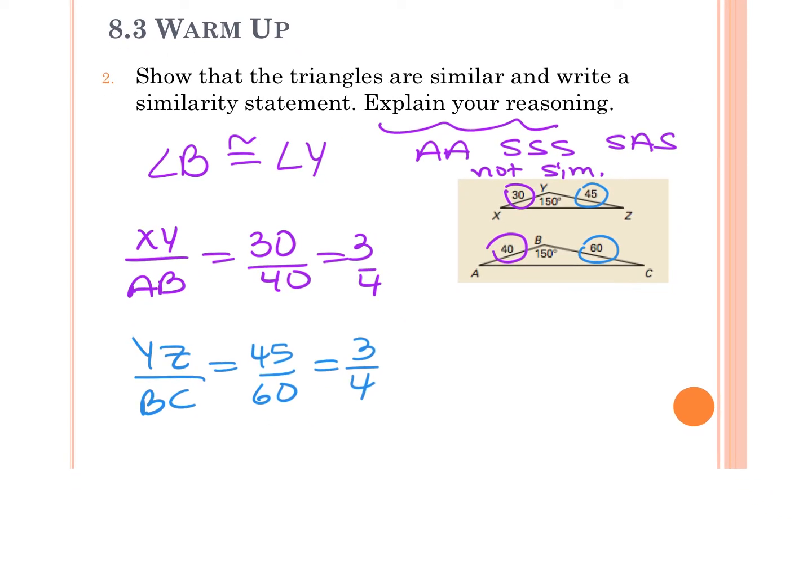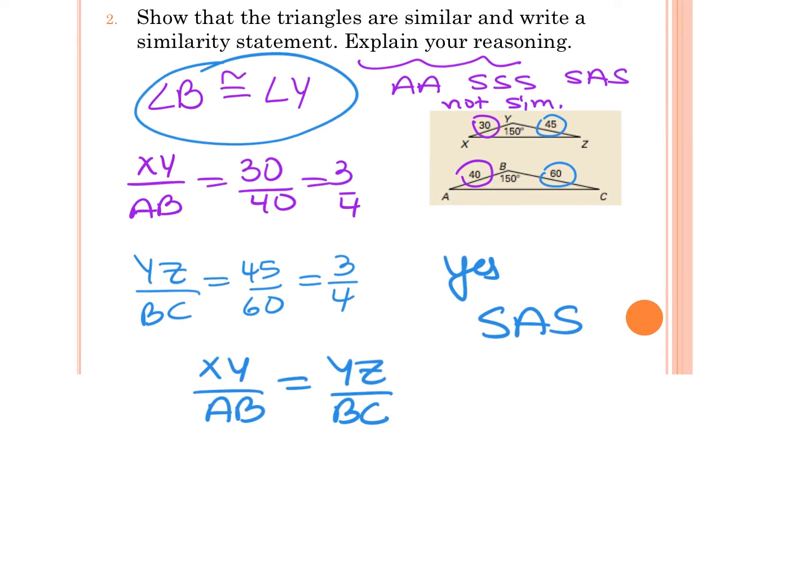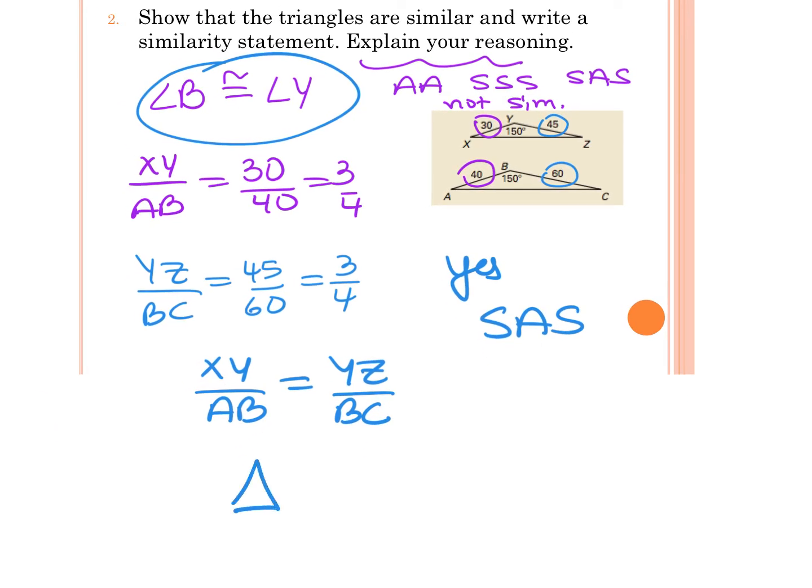So the reasoning would be that angle B is congruent to angle Y, and that XY over AB is proportional to YZ over BC. So we could say, yes, they're similar, and the reason would be side, angle, side. And the similarity statement could be triangle XYZ is similar to triangle ABC.